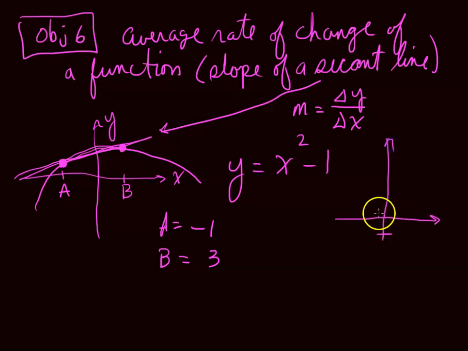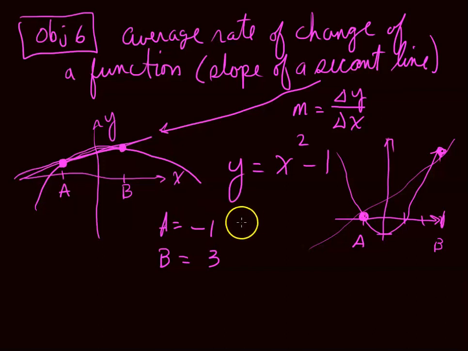Let's say this is negative 1. If we put in a 1 or a negative 1, we get 0, so we know it crosses here. So it does something like this. And so at negative 1, we're looking at this point, and at 3, we're looking at this point. So it's really the slope of that secant line. This is the A, and this is the B at 3.